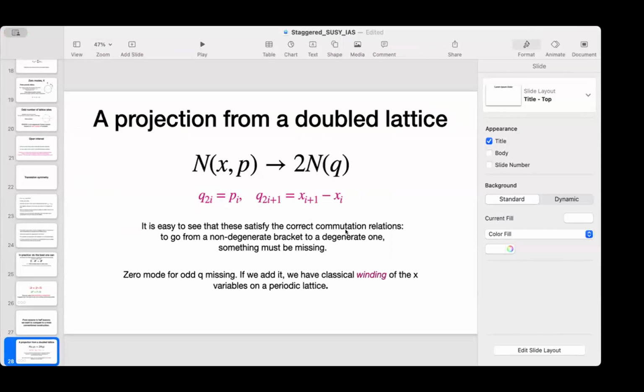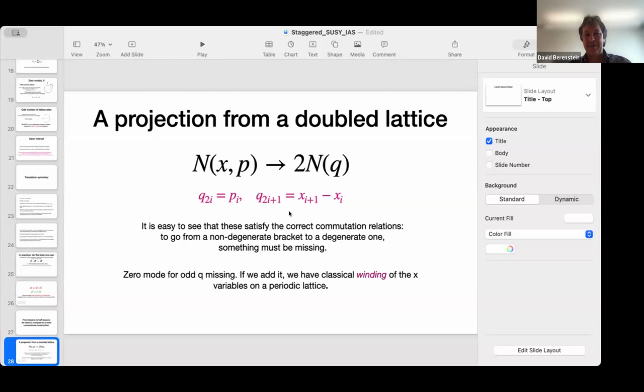Now, if you allow defects, like we do in conformal field theory sometimes, or defects in these lattice systems, there are defects that can realize the additional pieces that you need to make sure that you actually land with a full set of degrees of freedom, and that have all the information.